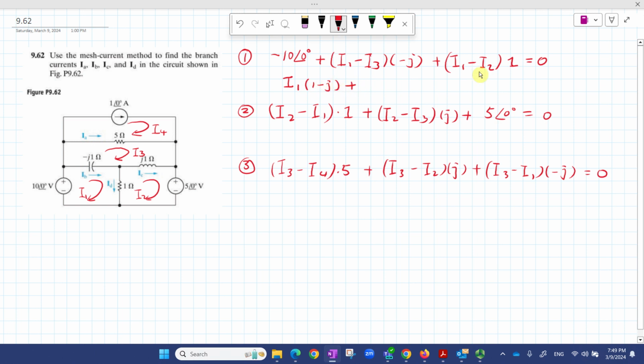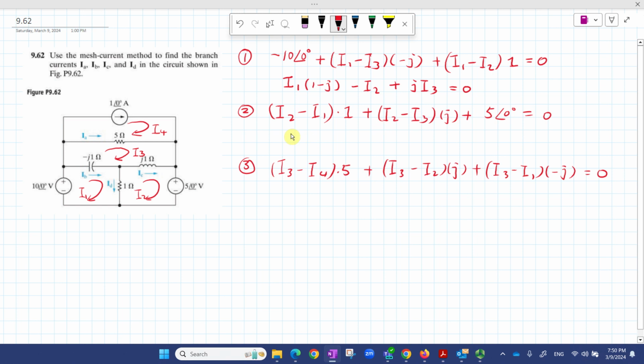For I2, this is minus I2, right? And for I3, this is plus J I3. I'll be very careful. And equal to 0.